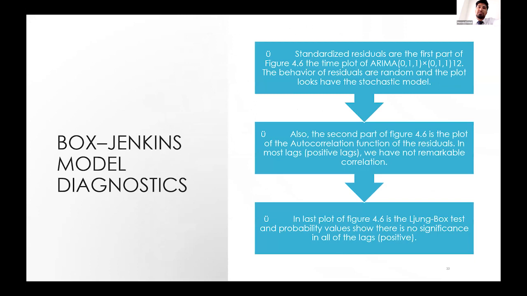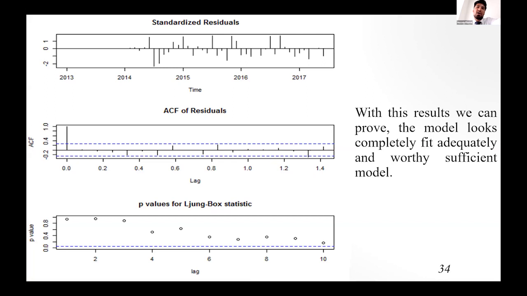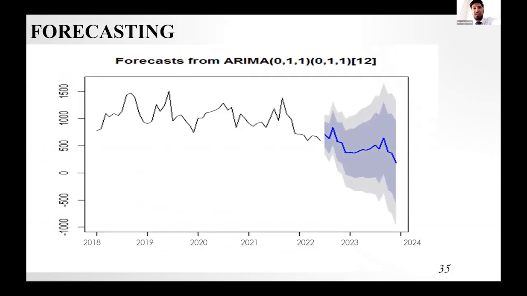With the Box-Jenkins method, as I told you, we standardized everything. In figure 4.6 in my paper, we see the ACF, the autocorrelation function, and we see it's going normal. There is no value above the limits, so it tells us that the data and the prediction fit.